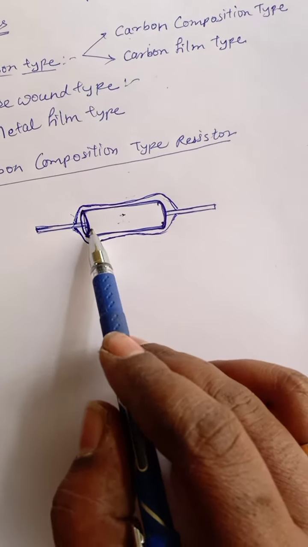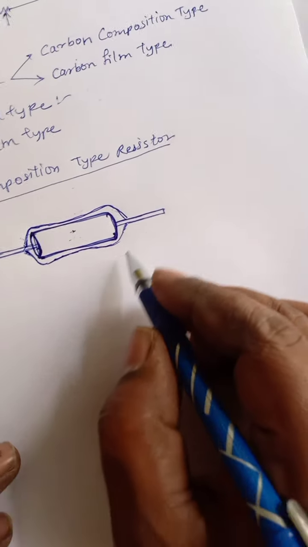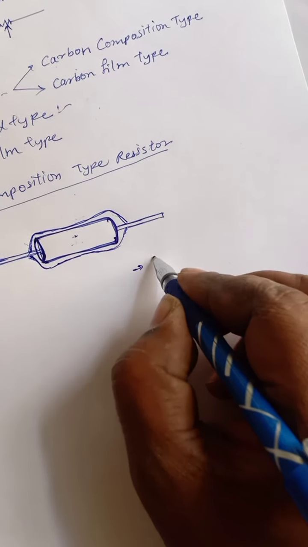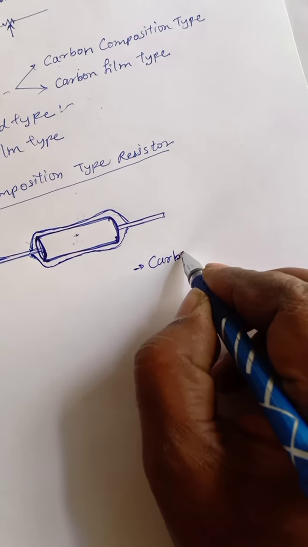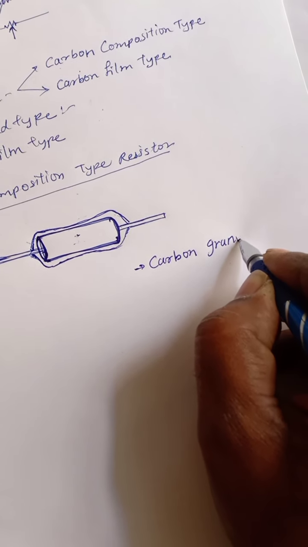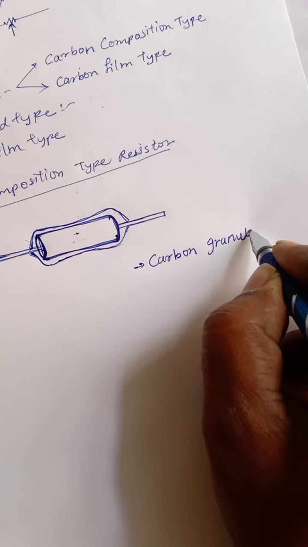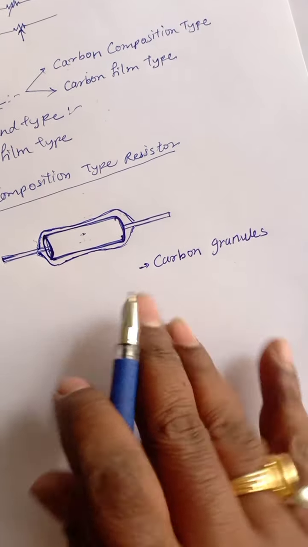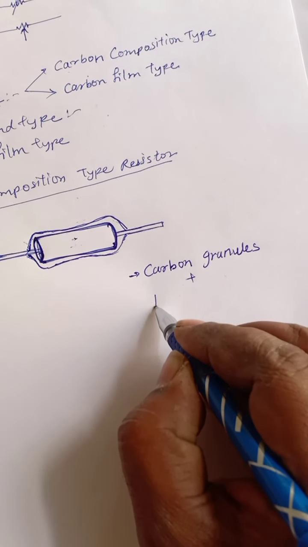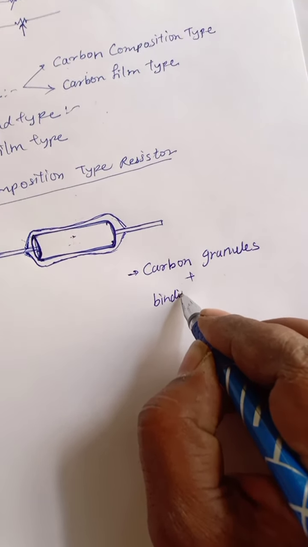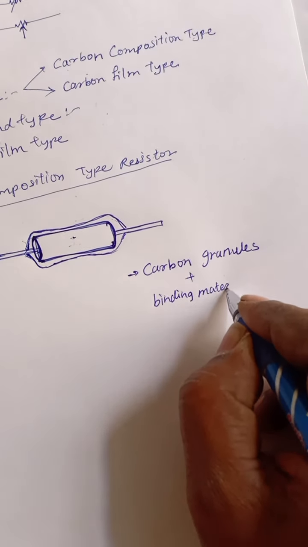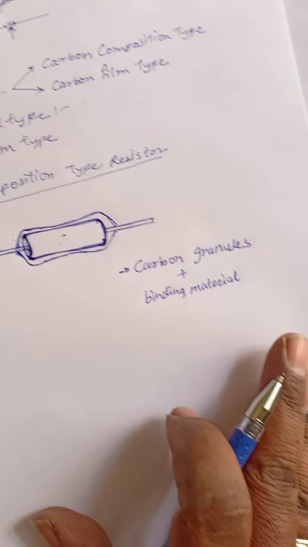Very simple, you just have to take the carbon granules. So you require carbon granules, and you have to add a binding material like glue.